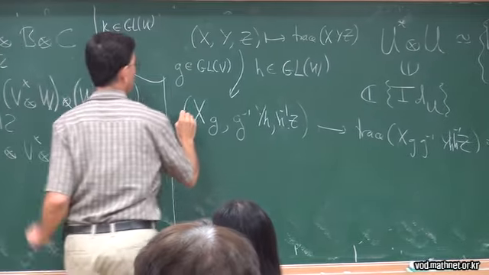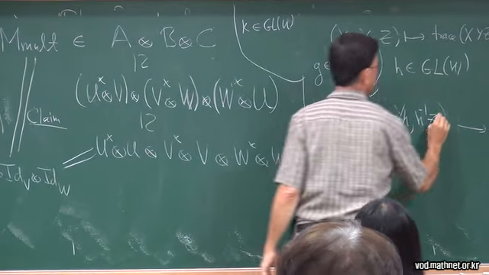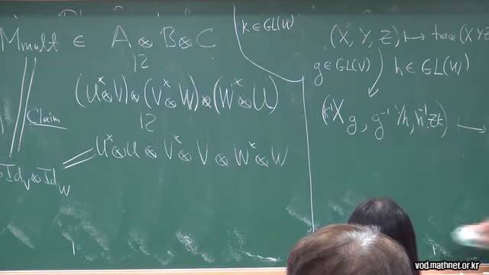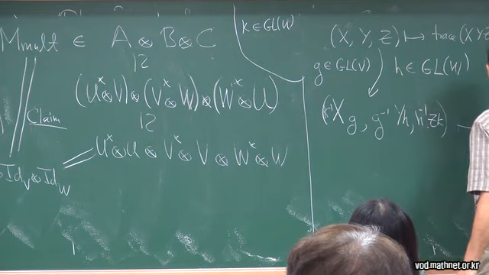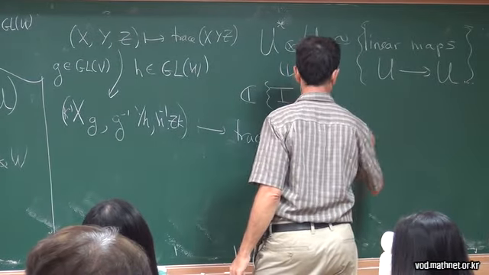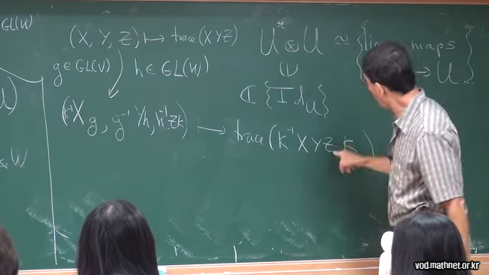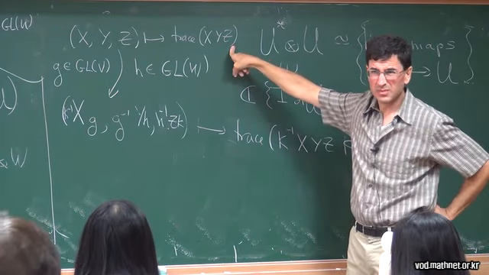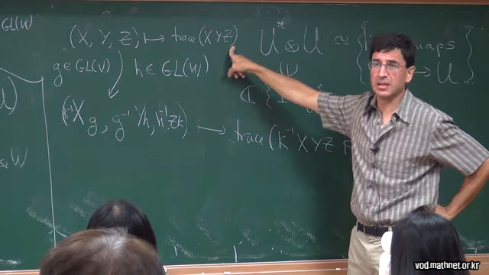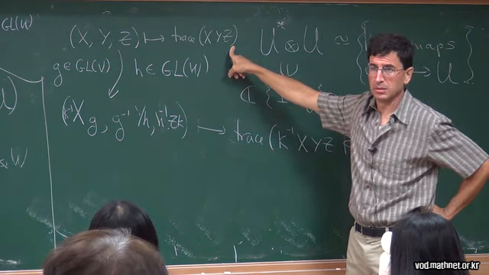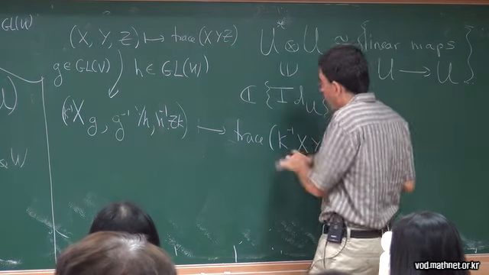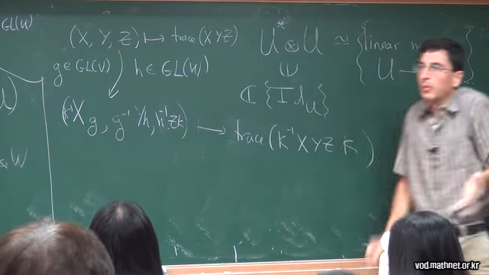Well, here it'll get mapped by K inverse, and here by K. So this, ignoring trivialities, goes to trace of K inverse X, Y, Z, K. But we wanted that. How can we fix the situation? We would hope that this is equal to this, no matter what we choose.